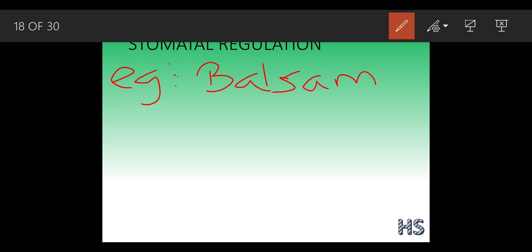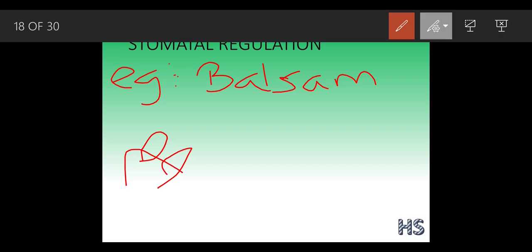What is the function of this balsam plant? See, the leaves of these plants wilt during midday. In fact, there is plenty of water in the soil. See, soil has a lot of water. Even then, the leaves of this balsam get wilted, okay, like this, they droop down.